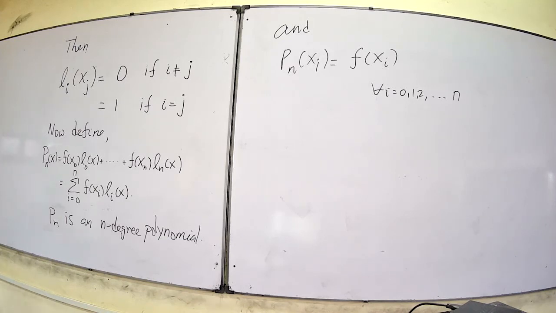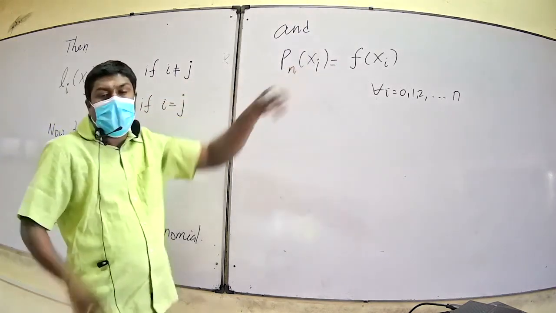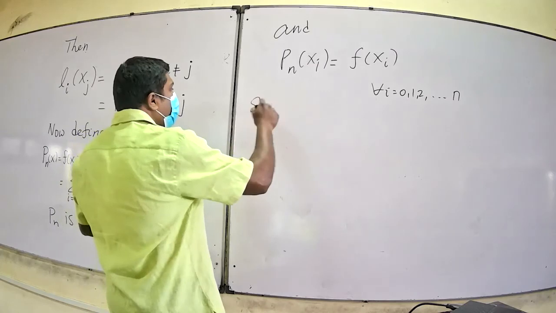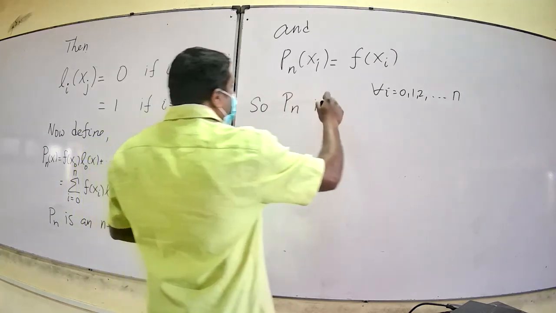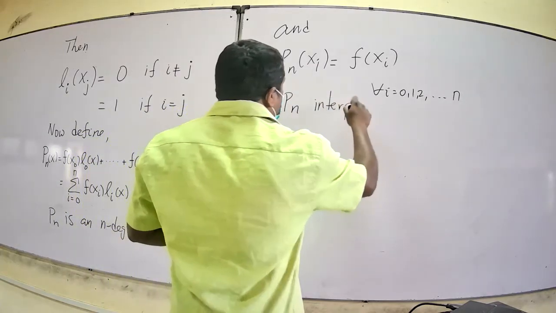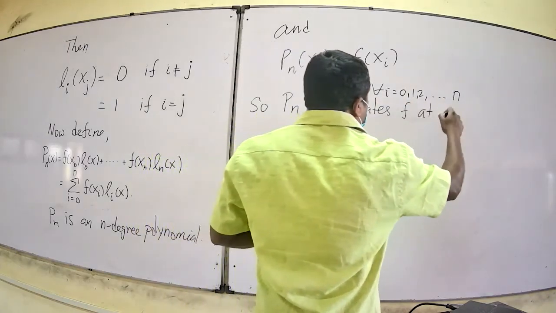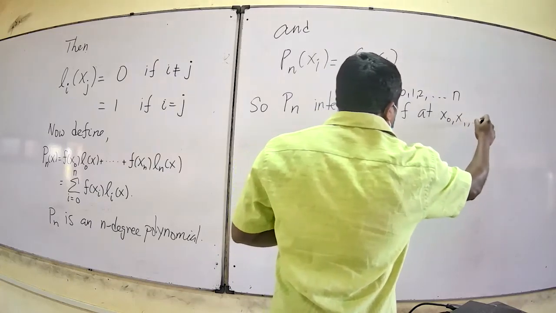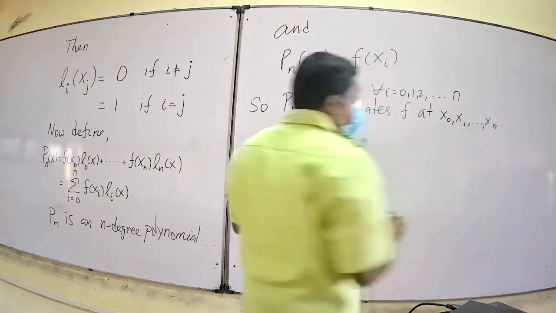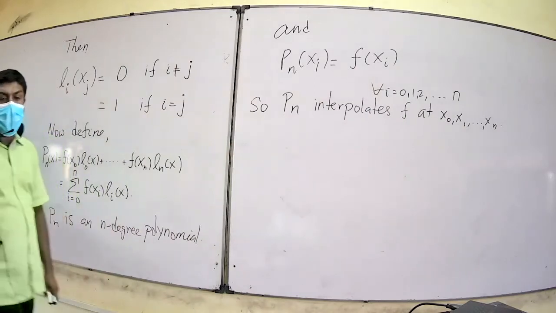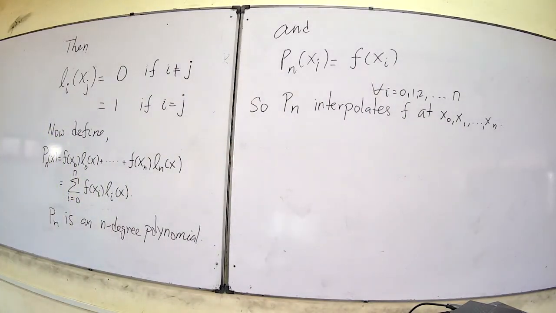Yes. So this is an interpolating polynomial, right? So that is what we are looking for. So we show that this is the interpolating polynomial, and clearly Pn interpolates f at x naught, x1 up to xn.